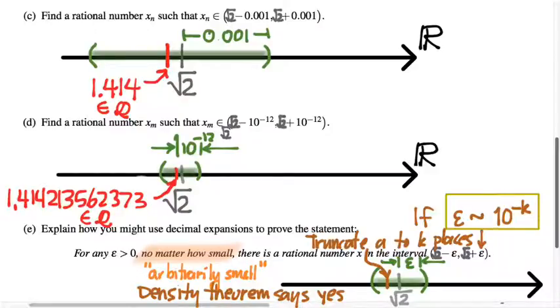Yeah, I guess because saying in the proof, like, count the number of numbers in the decimal. Right, so this is the tricky spot, right? Epsilon could be a really small number. Remember, this has to work for any epsilon we choose, no matter how small it is. Right? So if epsilon is really, really small, if it's closer to 10 to the minus 12 than it is to 10 to the minus 3, then I should pick 12 decimal places to truncate.